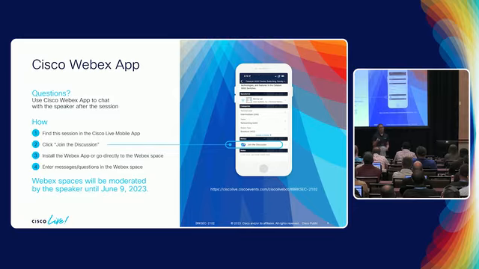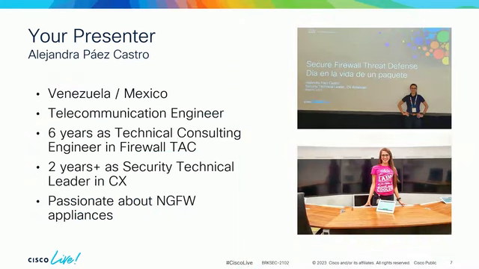And with that said, I should introduce myself. My name is Alejandra Paez, and I come from Venezuela. I was born and raised in Venezuela, and in 2015, I moved to Mexico City, where I started to work for the Cisco Mexico office.